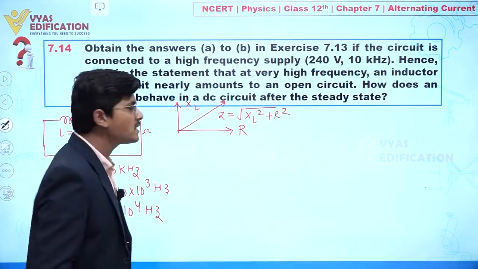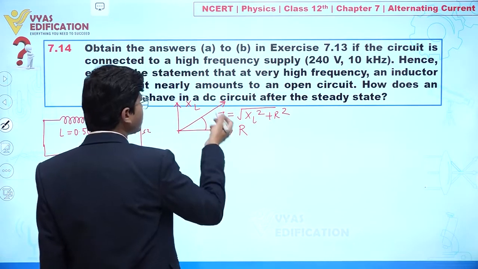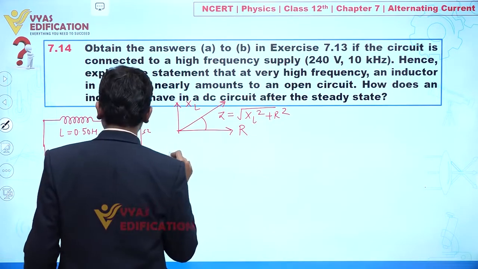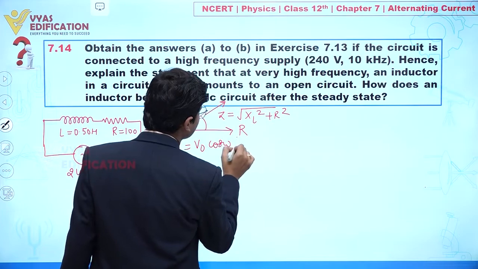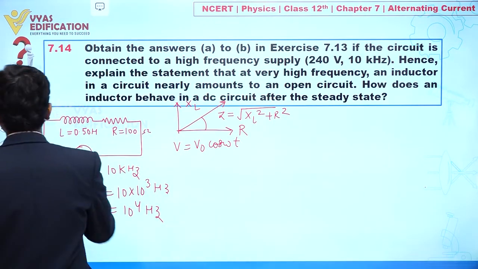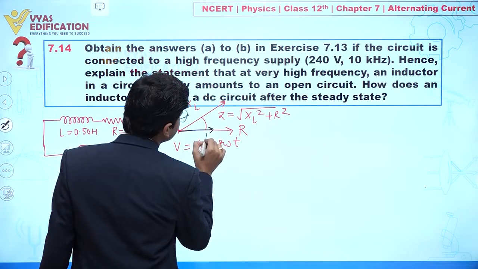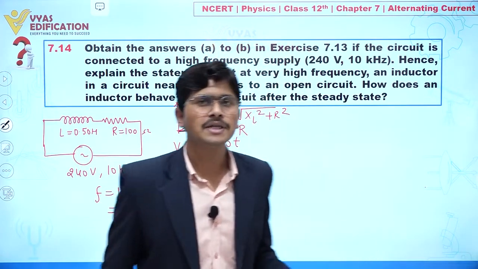Let's suppose this is omega t. Suppose this represents a sinusoidal or variable voltage, V equal to V naught cos of omega t. Now we know the value of I is in the direction of this R. I is in the same direction, because in a purely resistive circuit current is in the same phase as voltage.